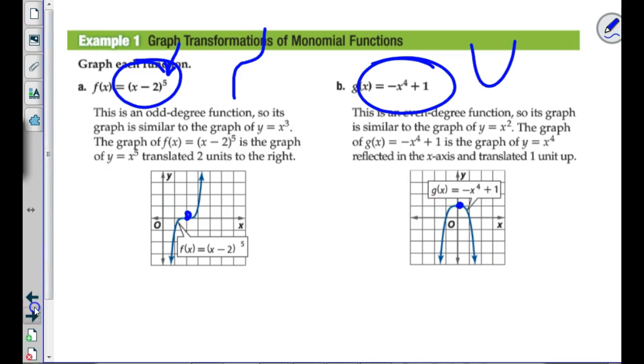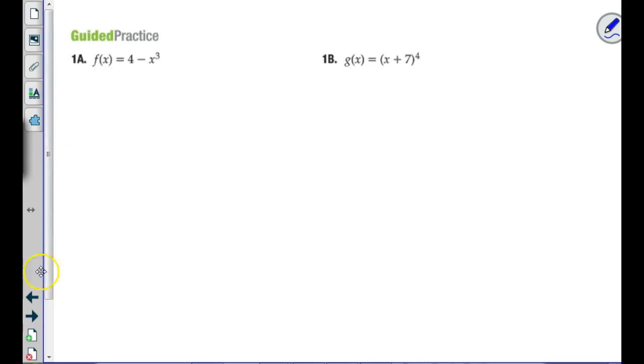So just a couple more to practice. I don't think you have these either. Maybe you do. I don't know. This is a degree 3. So the parent looks like this. Everybody good? What are we going to do here? Be careful. How could I rewrite that so it would feel more comfortable? Okay, so what are the 2 things that have happened to that graph?